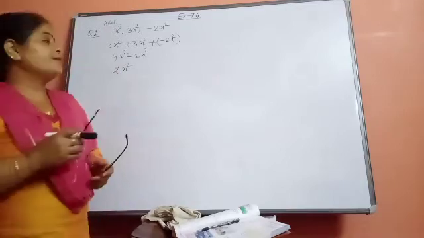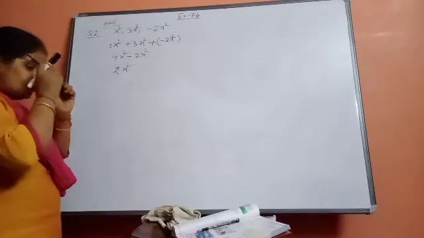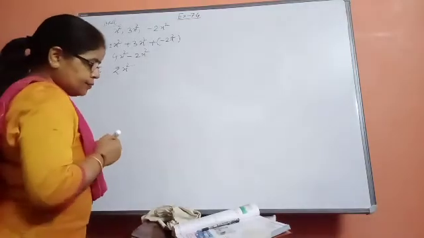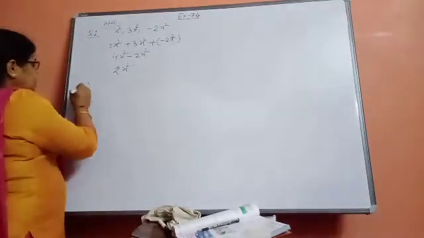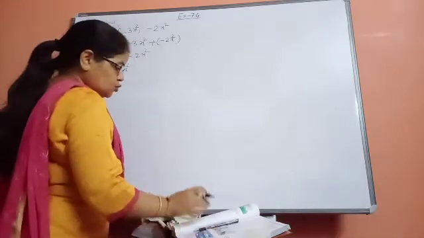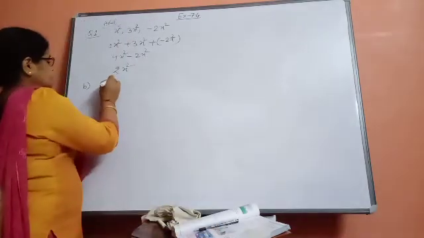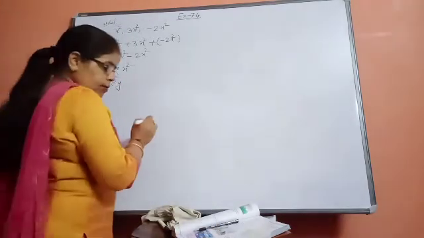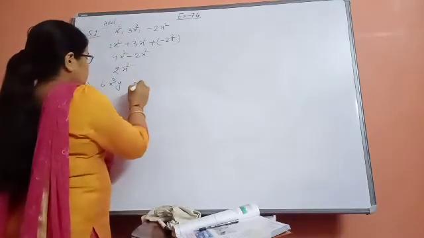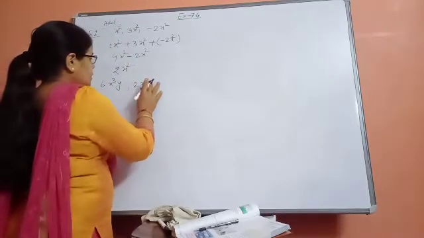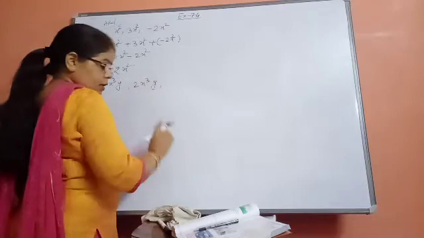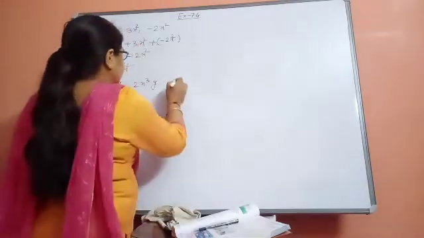Okay, and now see the B part of the question, what is that? 6x cube y, comma, 2x cube y, and x cube y.